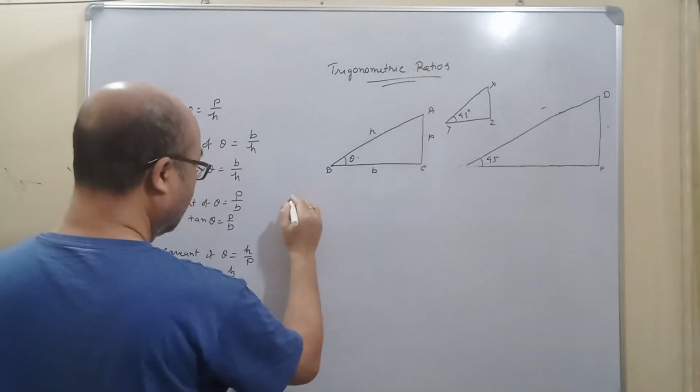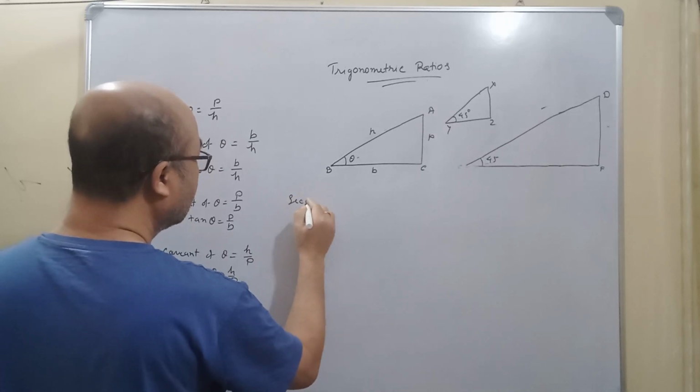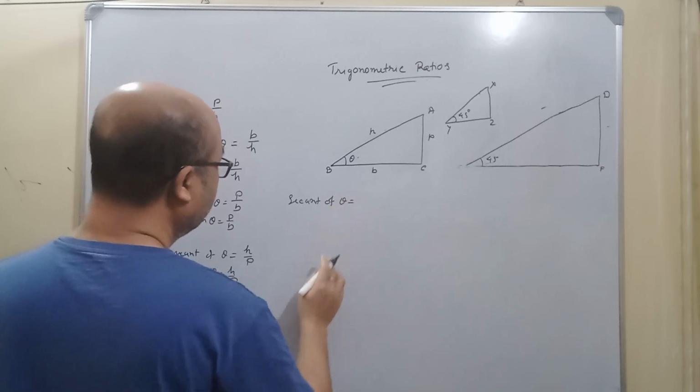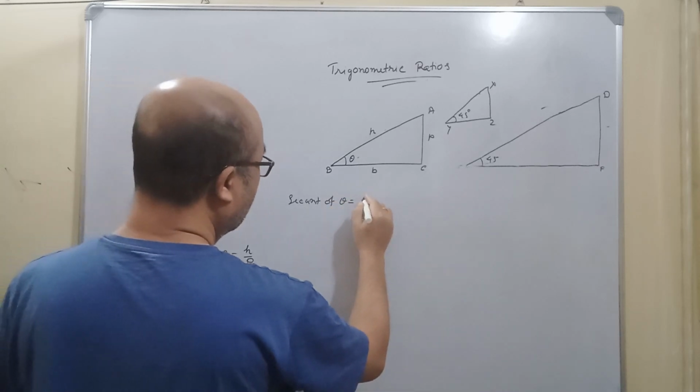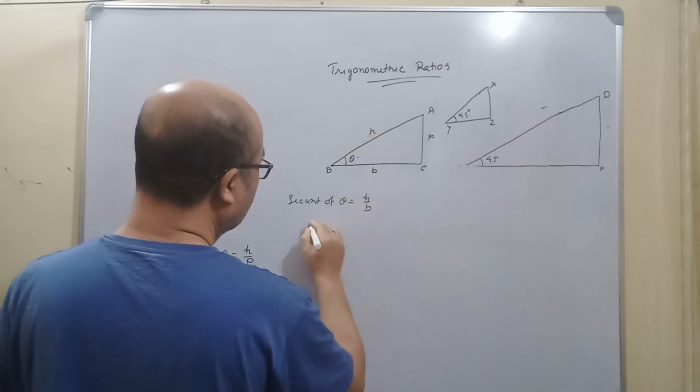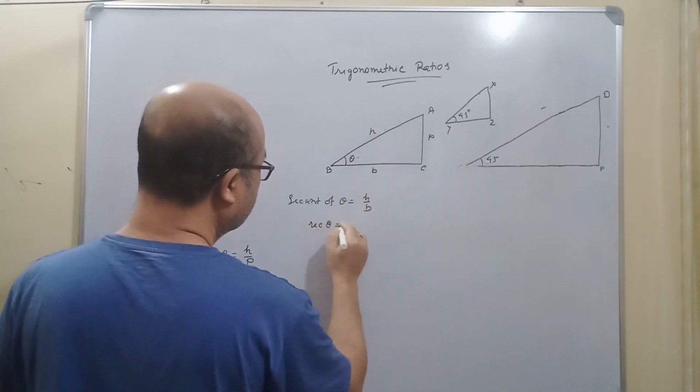Then we have secant of theta, which is hypotenuse by base, or sec theta.